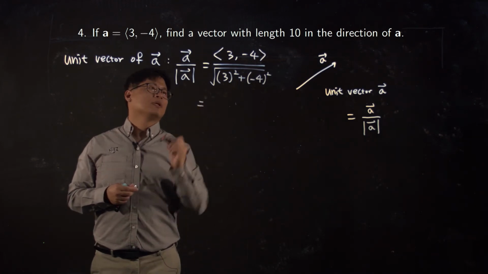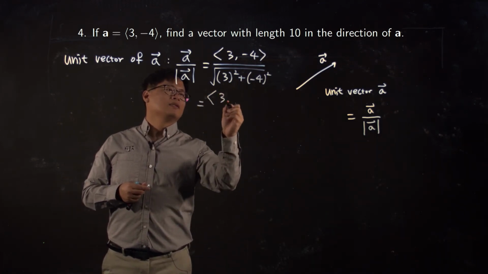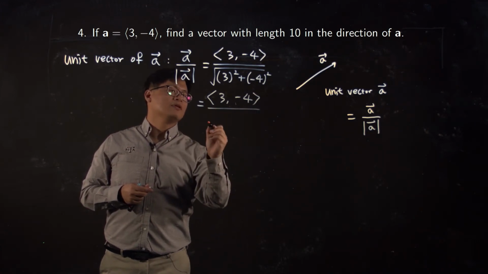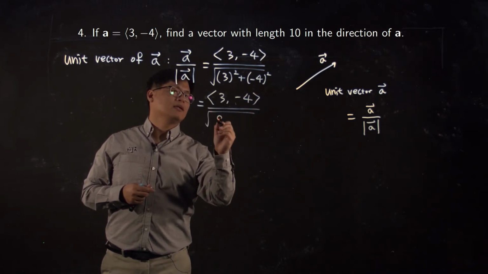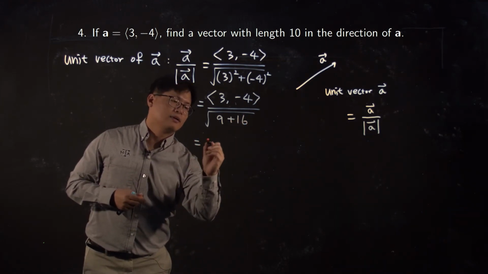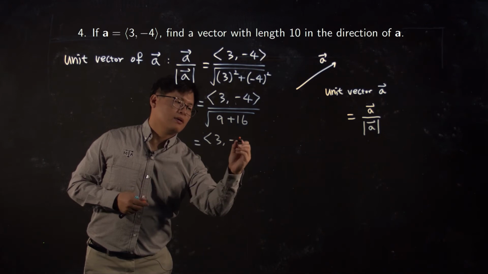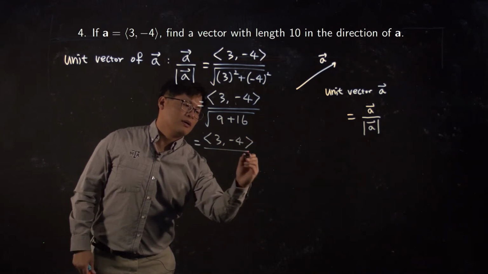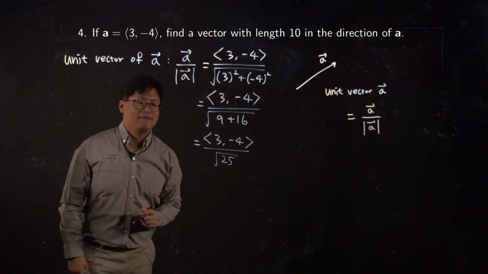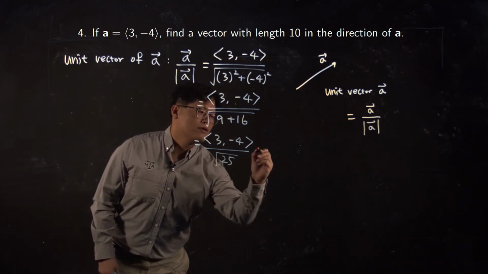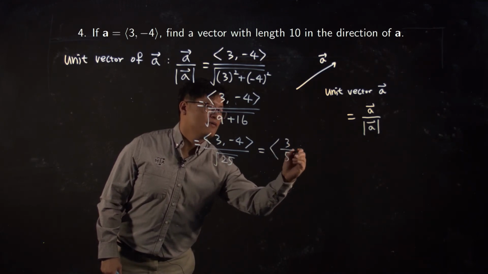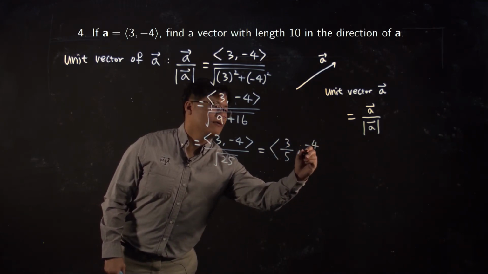That is equal to, so the vector is still here, but we're going to simplify the denominator first, which is 9 plus 16, that is the square root of 25. You know what that is, right? It's 5, okay?